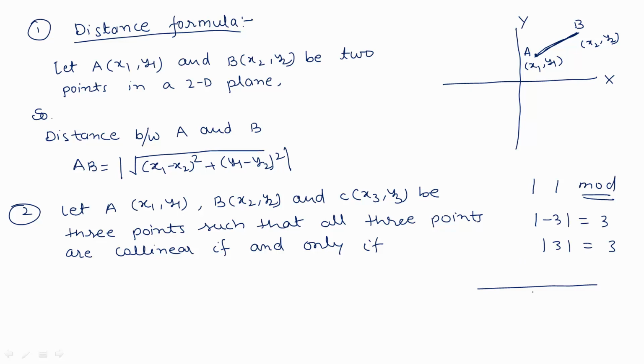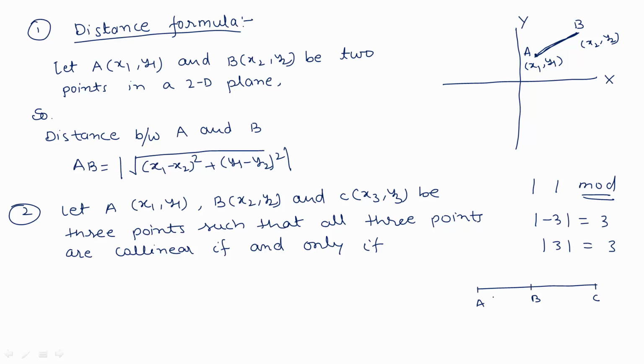Suppose this is a line having the point A, B, and this is C. But how to prove that all 3 points are collinear?